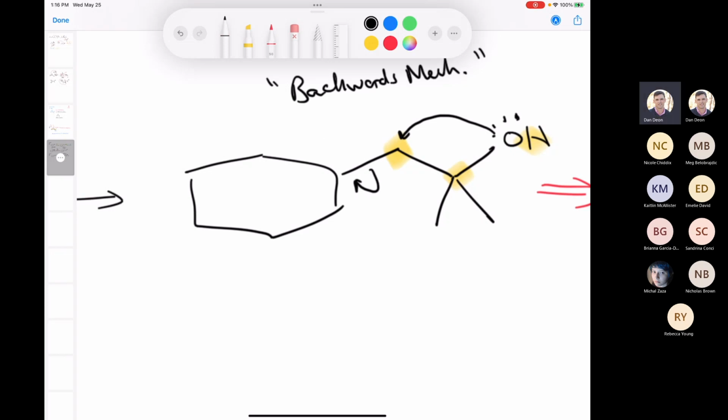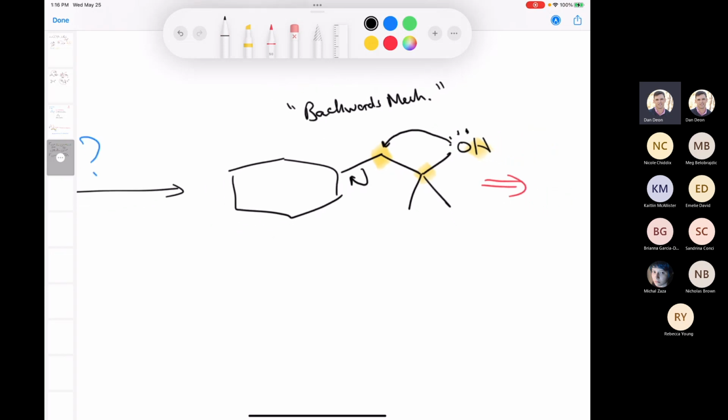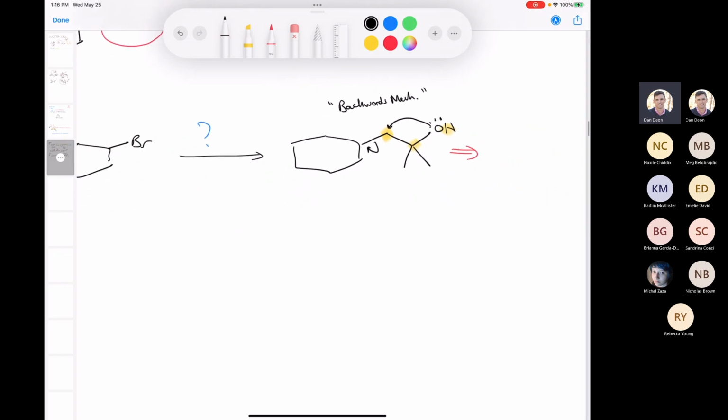This is just something I'm kind of making up here. But what would happen if you drew those arrows in reverse? You would end up with this epoxide. You'd end up with something that looks like this. Of course, it would have a hydrogen on it and a positive charge. We'll just ignore that for now because this isn't acid catalyzed. It's not going to be an acid catalyzed ring opening.